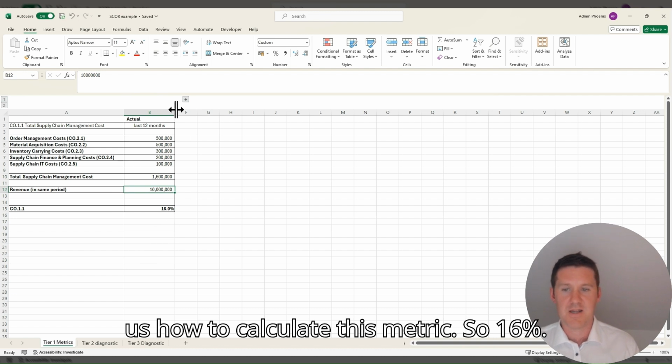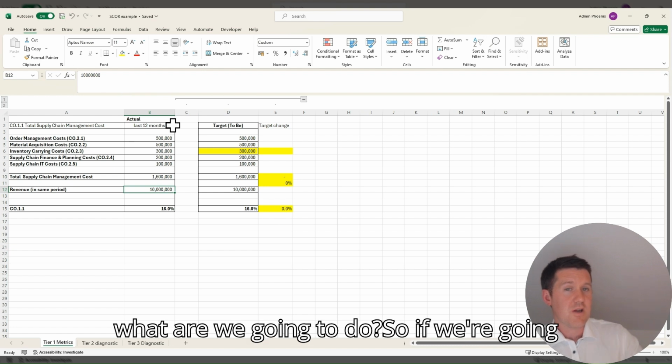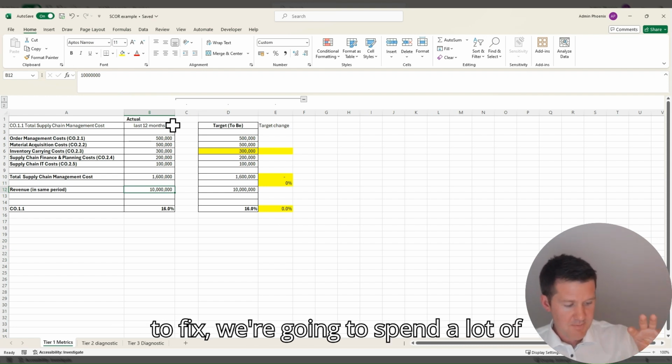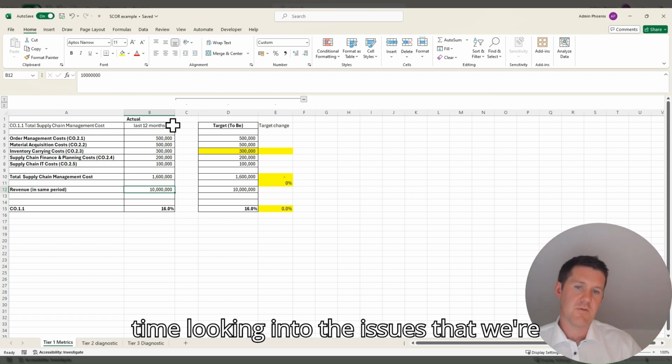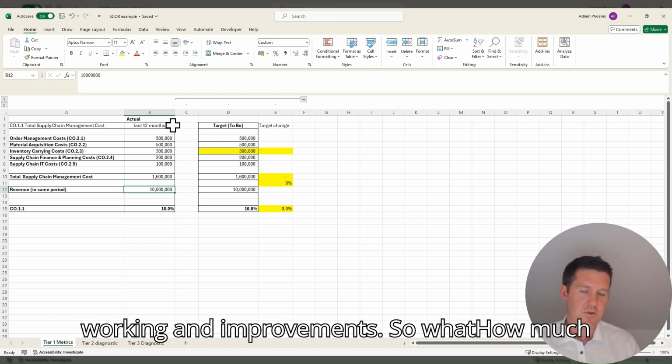So 16%. So the next thing we need to say is, but what are we going to do? If we're going to fix this, we're going to spend a lot of time looking into the issues that we're having and coming up with new ways of working and improvements. So what? How much is it worth to us?